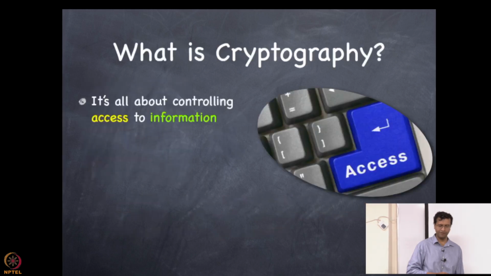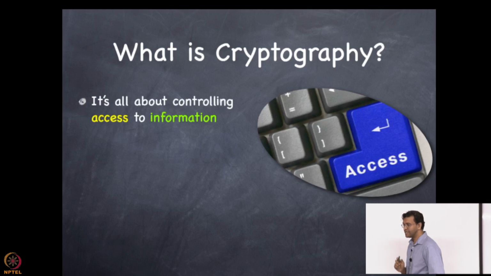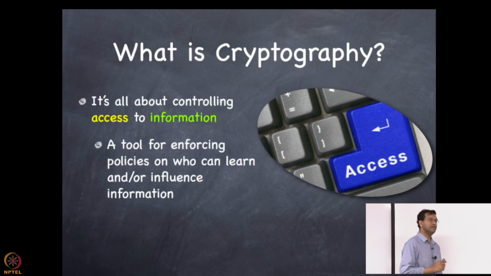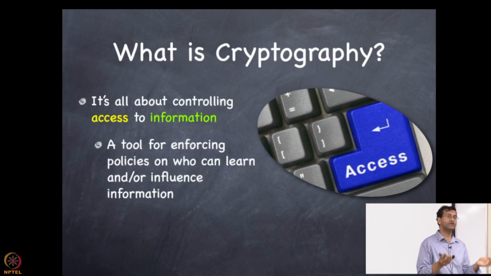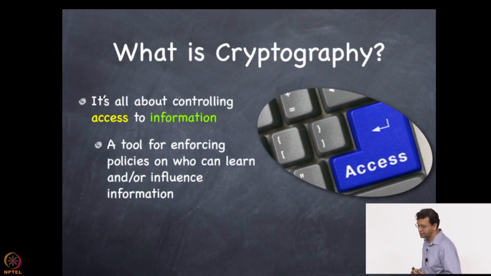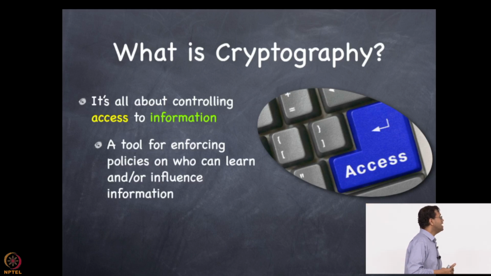Okay, so again, stepping back once more and asking, what does cryptography give you? At some level, it's all about controlling access to information. Access in terms of what you can learn, so you want to keep some things confidential in the system. That's usually called confidentiality. That's one kind of access control. The other is how you might change the information in the system, or change it for someone reading it.